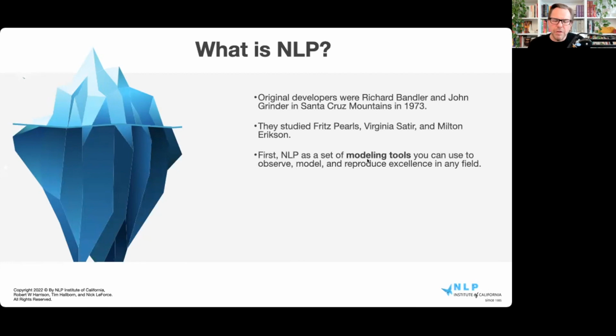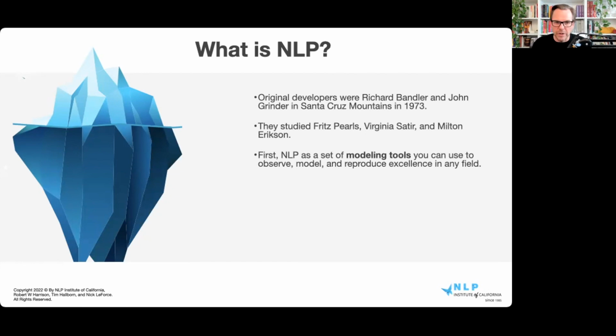So I'm going to give you 3 ways to think about neurolinguistic programming that I think makes it really simple. The first way to think about neurolinguistic programming is a set of modeling tools that you can use to observe, model, or reproduce excellence in any field. So if you're a basketball player, you can use it to model the best basketball players and be better at it.